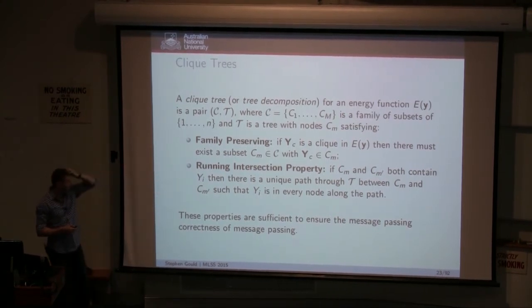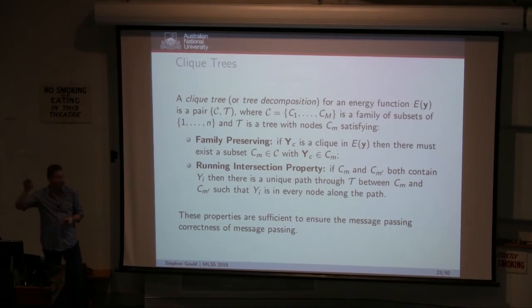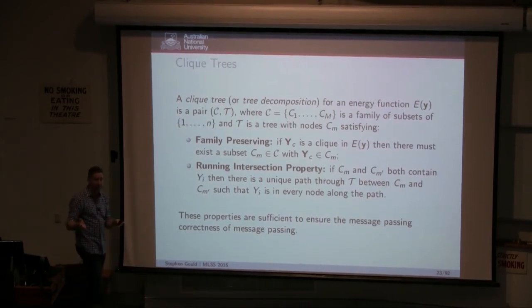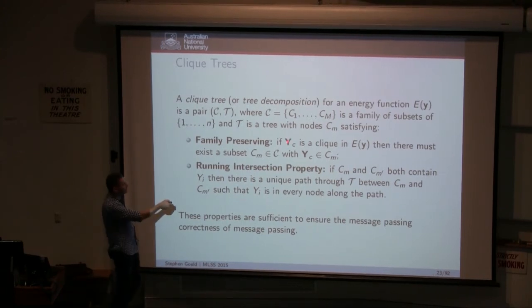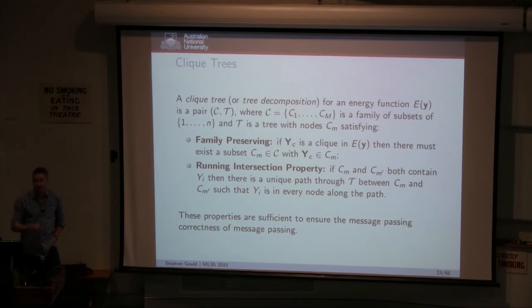The first property is called the family preserving property. So what that says is if I have a factor in my energy function that's defined over a subset of variables, it's defined over a clique, then that clique must be a subset of at least one of the cliques in my clique tree. Okay?